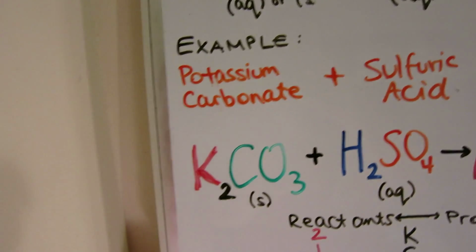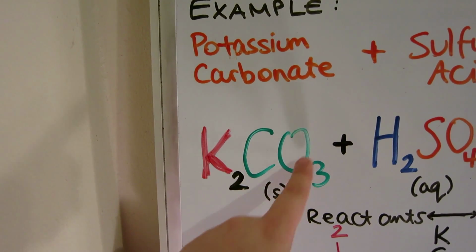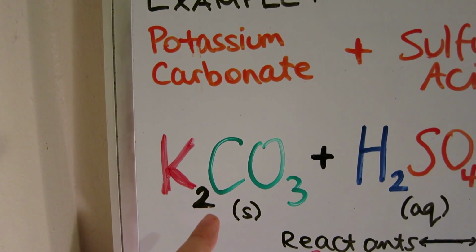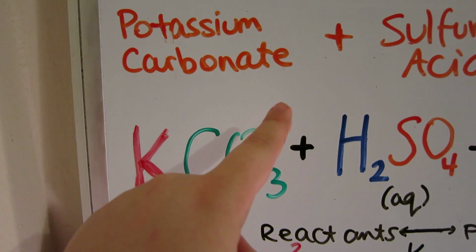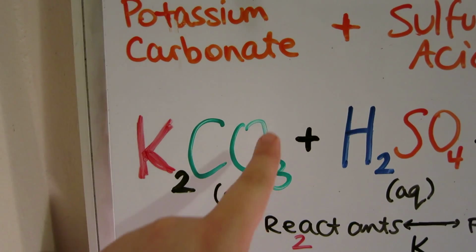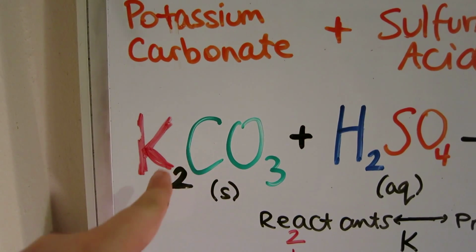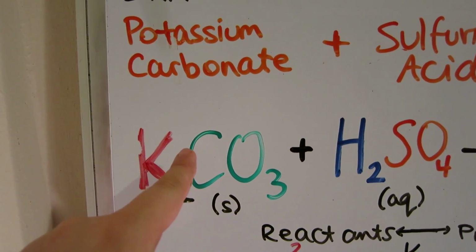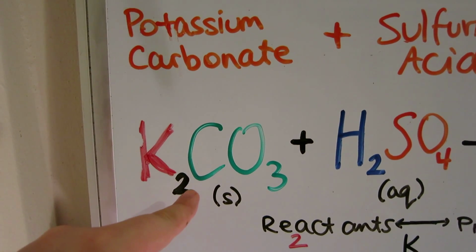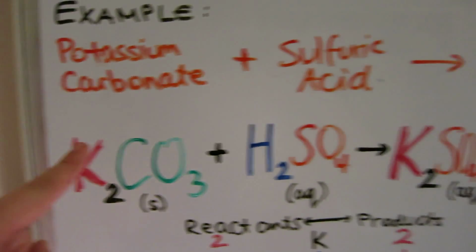So that's why when we look here at our potassium carbonate, remember our swap and drop rule. What we actually do, imagine there's a little 2- here. So we swap it and we drop it. So the 2- means that this now has to change. If we do swap and drop, remember your potassium is only 1.